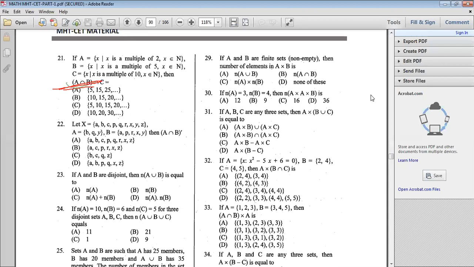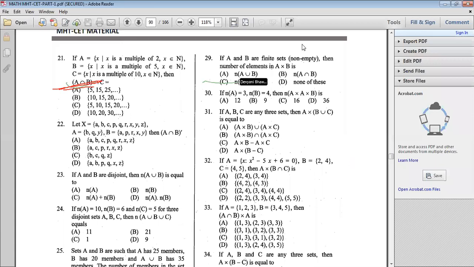Now look at problem 29. A and B are two finite sets. Then the number of elements in A cross B, how can you write it? n(A) into n(B), because I already gave you this formula.